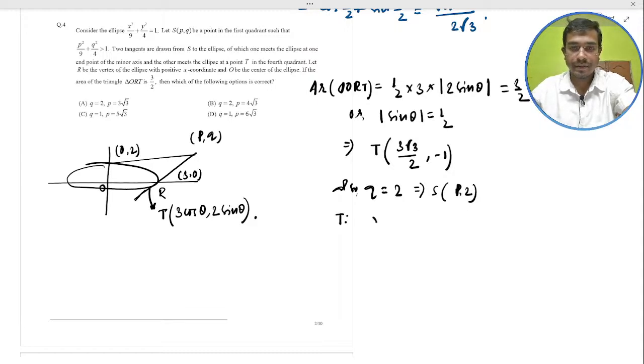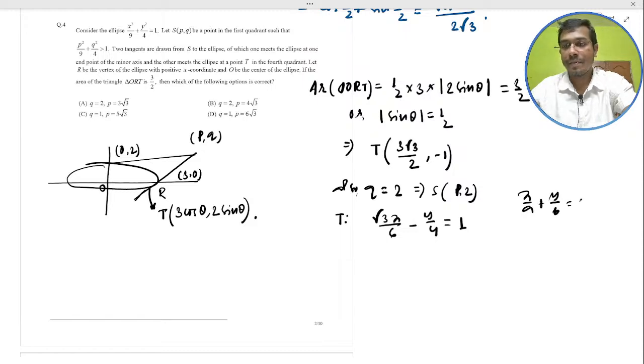So the tangent is root 3x by 6 minus y by 4. Tangent means the straight line x by a plus y by b equal to 1. So the S point P2 lies on it. Simply satisfy.